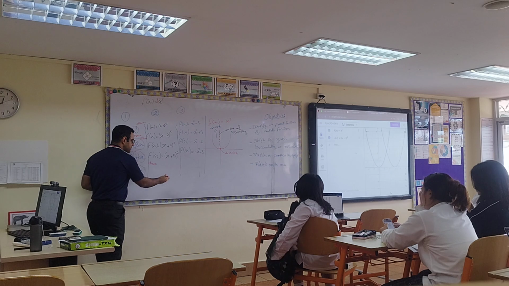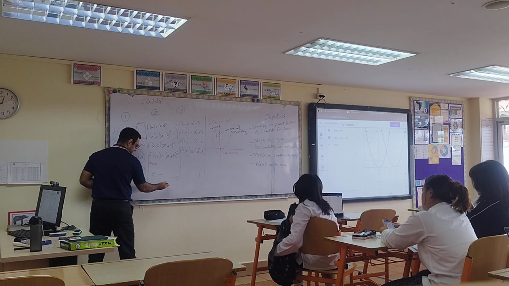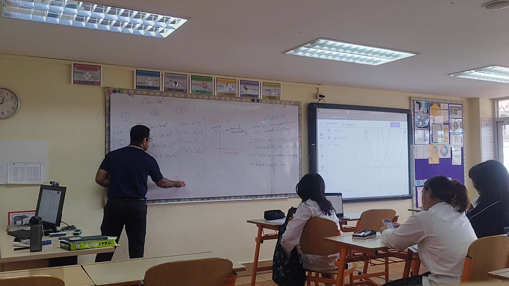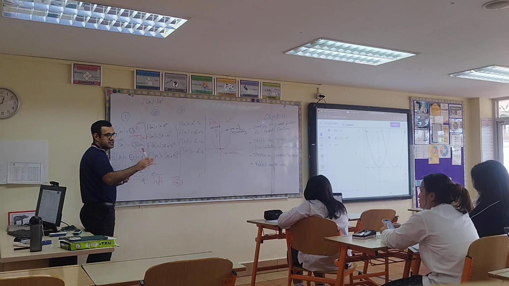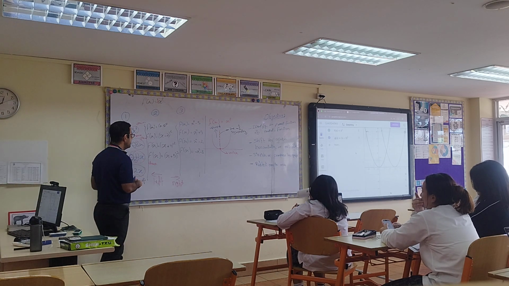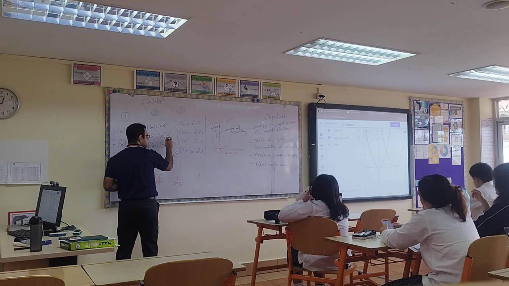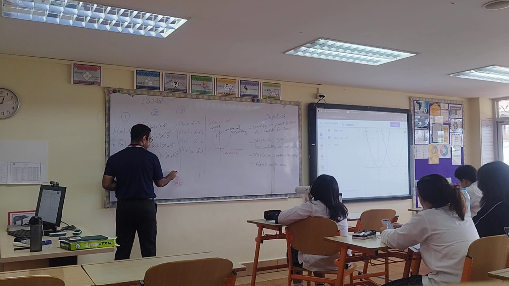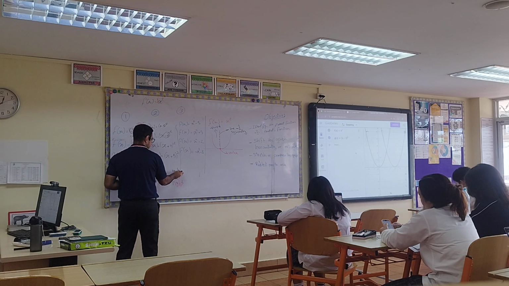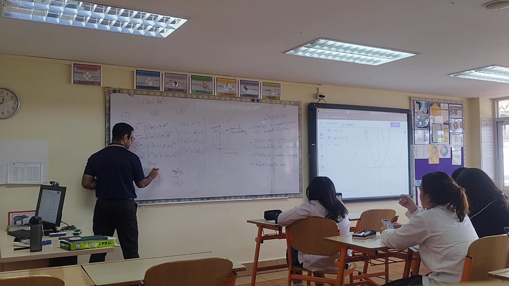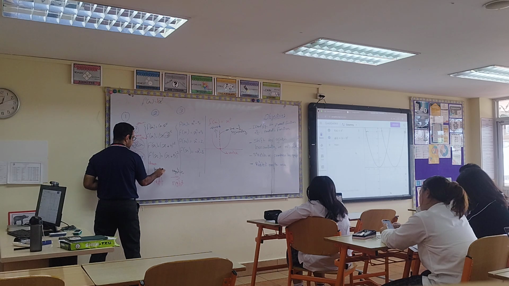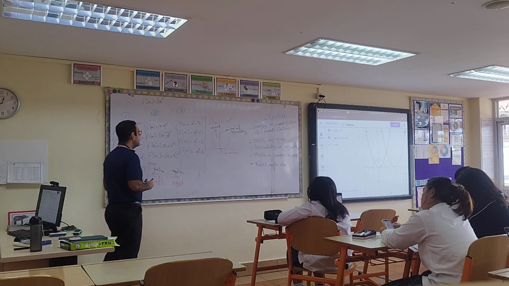We have right or left, right? So when does it go to the right? When it's negative, it goes to the right. When it's positive, it goes to the left. Okay.